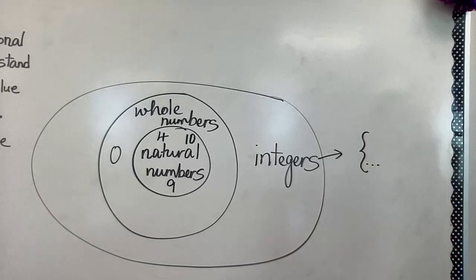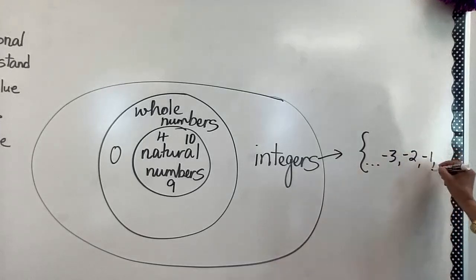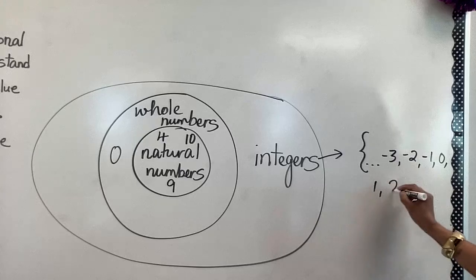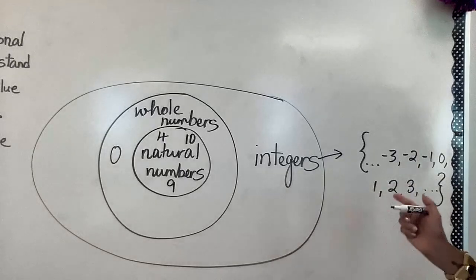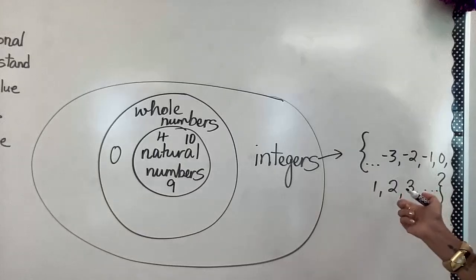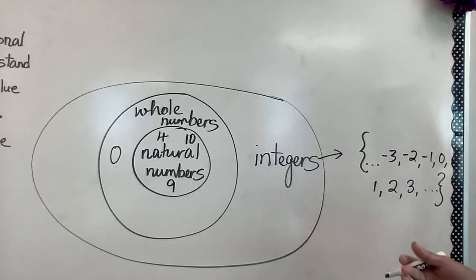There's no ending. And then -3, -2, -1, 0, 1, 2, 3, and again dot dot dot, and then the set closes. This is what integers are, and they are any number from this set. The dot dot dot means that this is continuing without an end.